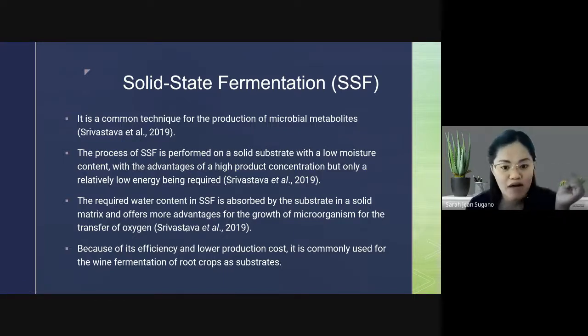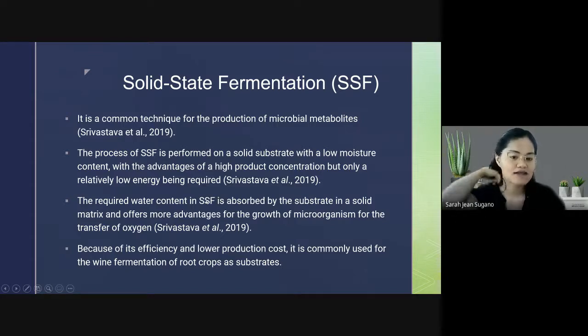It is not high in concentration, so there is more oxygen that can be circulated inside the media rather than in submerged fermentation. In submerged fermentation, the aeration or the dispersion are really monitored.